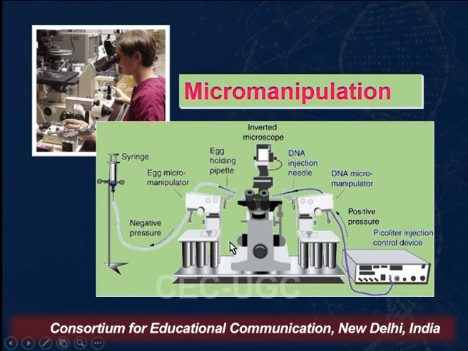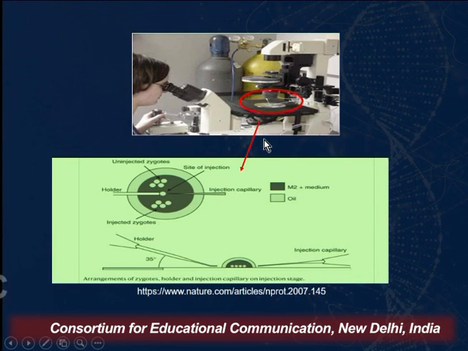So these are the micromanipulators, and as you can see, that is how the work can be done. Again, in that circle, this is the platform where it is kept, and one can visualize it through the microscope and do the micromanipulation, or there can be certain screens as well where you can see a large image of this particular area, and then you can micromanipulate it to introduce the DNA into the fertilized egg.